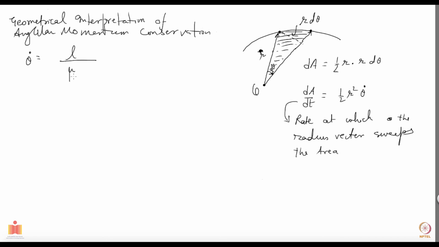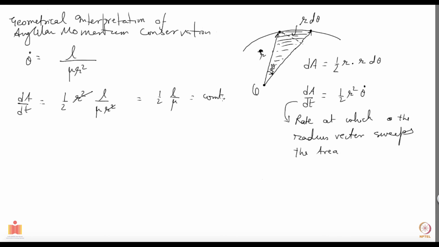If I substitute in dA over dt, I get half r square, and theta dot is L over mu r square, and the r dependence goes away, it cancels, and you have half L over mu, which is a constant.